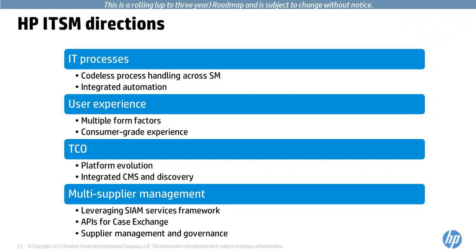And what we're doing is that out of this services framework, which is a services engagement, so it doesn't have a lot of software content, we're actually defining the software content that can be brought and to accelerate those multi-supplier management engagement. So we're adding a lot of product content to this services framework. And so we'll talk about that. It has to do with APIs, it has to do with case exchange, and it has to do with monitoring and governance of suppliers, monitoring their SLAs.